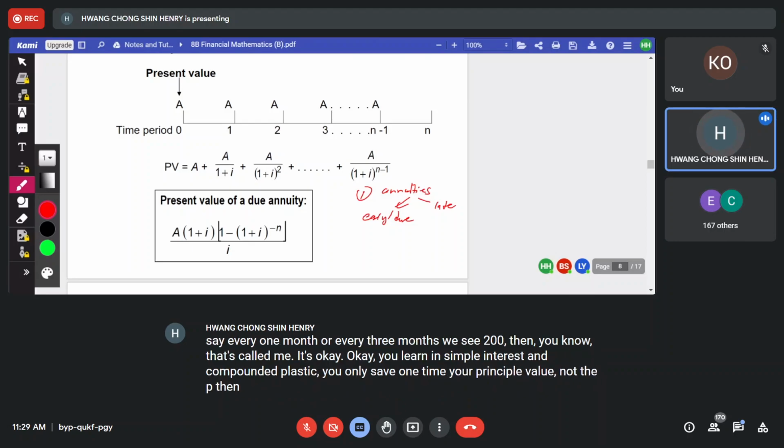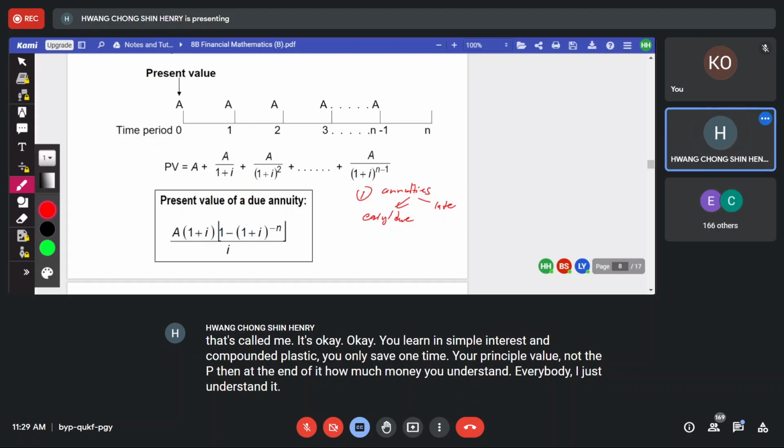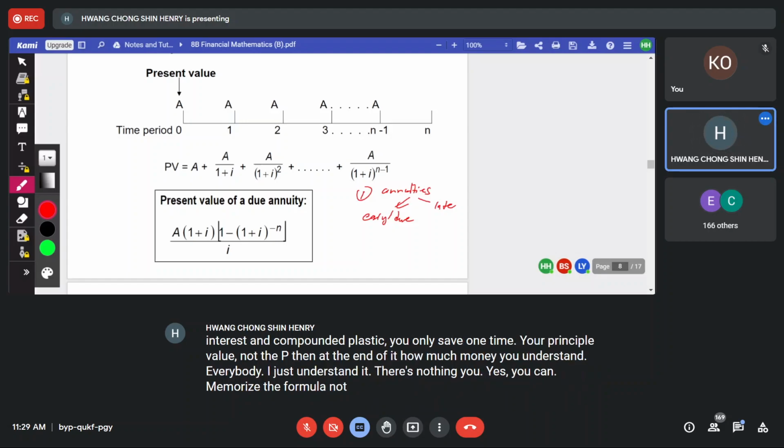Then at the end of the period, how much money you get? That's your accrued. Understand? Everybody clear? So when you do your questions, don't mix up. If you mix up, then it's too unfortunate. So that's why I need you all to digest and understand the concept. There's nothing you can memorize here. Yes, you can memorize the formula, not the concept.